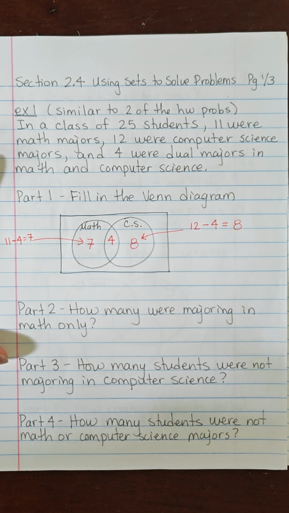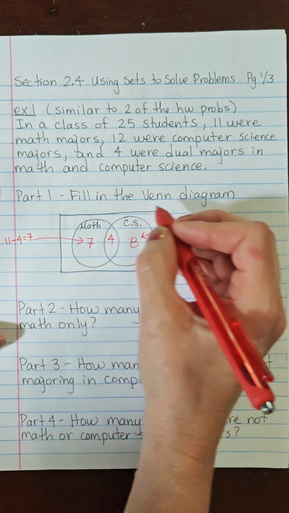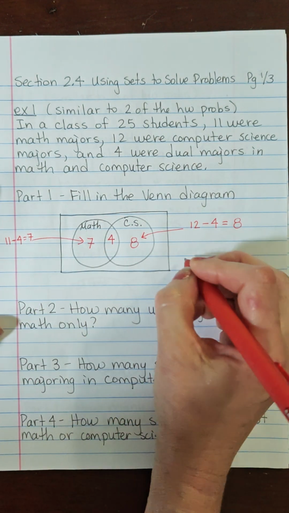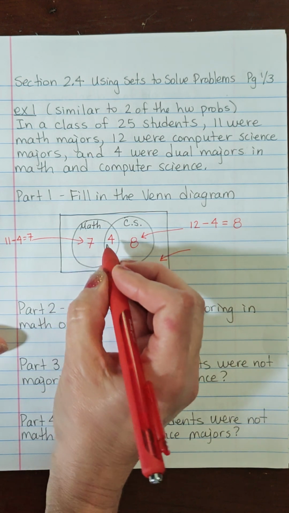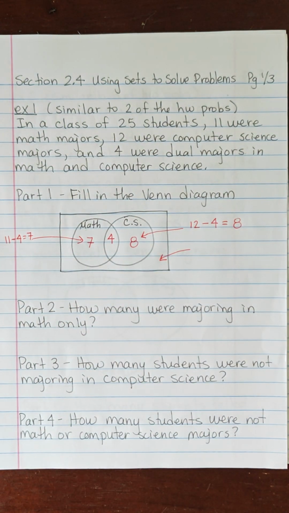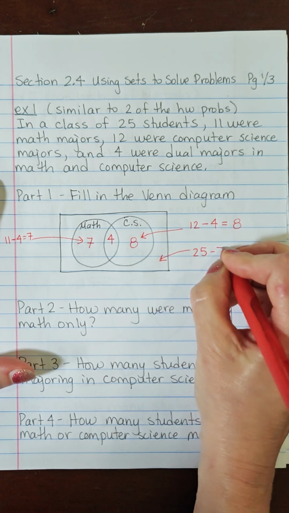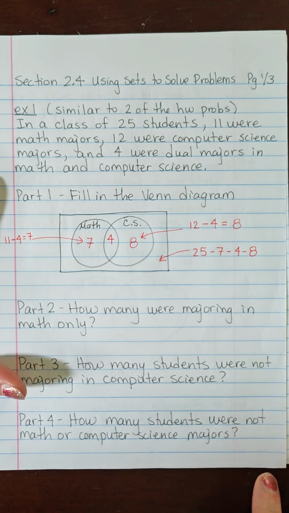We have one more set of subtraction, and that's the total of 25 students. That's everybody, including who's in these circles. So let me come over here. That total is 25. I already have 7, 4, and 8 accounted for. So I'm going to take that 25, I'm going to subtract 7, I'm going to subtract 4, and I'm going to subtract 8.